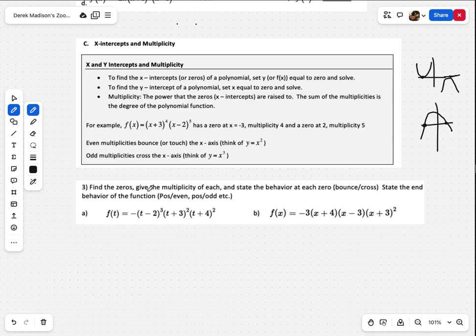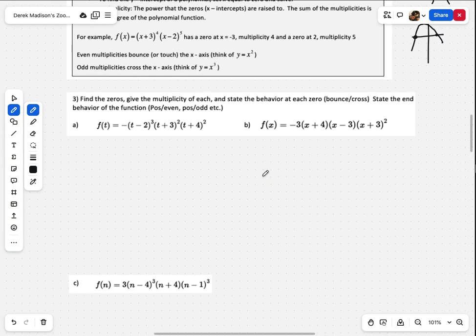So for this couple of examples, we're supposed to give the 0, the multiplicity of each, state the behavior at each 0, which is bounce or cross is what I'm looking for there, and then state the end behavior, which is that last table that we looked at. So the zeros for this one are going to be 2, negative 3, and negative 4 from each of those factors.